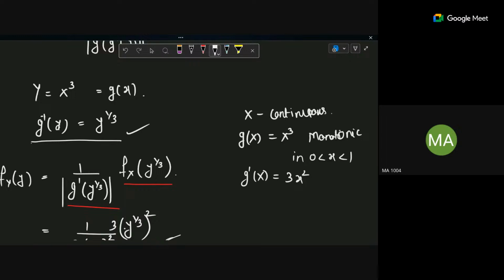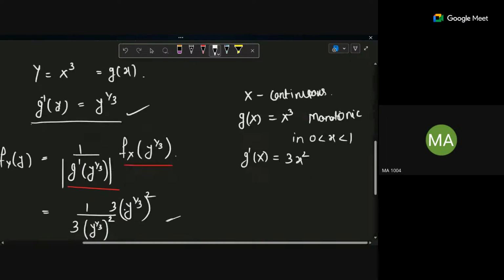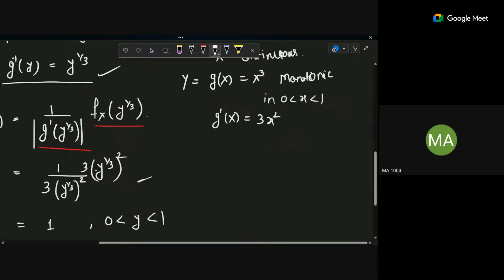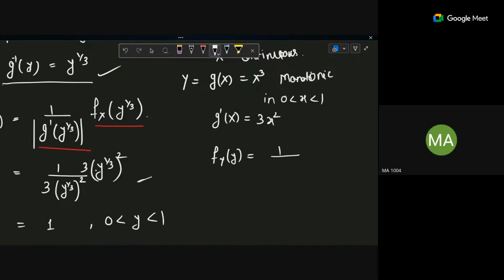So what your theorem said, if these conditions are satisfied, and there is a random variable y defined like that, then for that variable you can define a PDF like that: f y of y is equal to 1 upon the modulus of g prime of g inverse of y, times f x of g inverse of y. Is this fine for you?